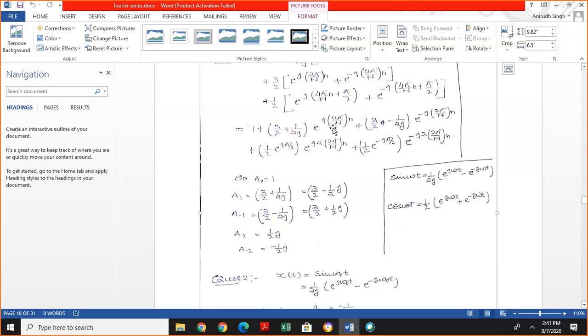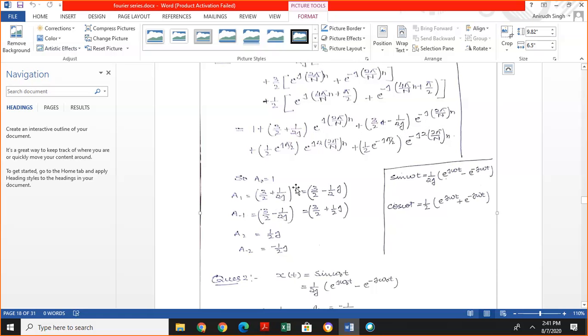A1 is the coefficient of exponential j omega n. A1 is given by 3 by 2 plus 1 by 2j. Similarly, this is a minus 1, for exponential minus j omega n. A minus 1 has this value.